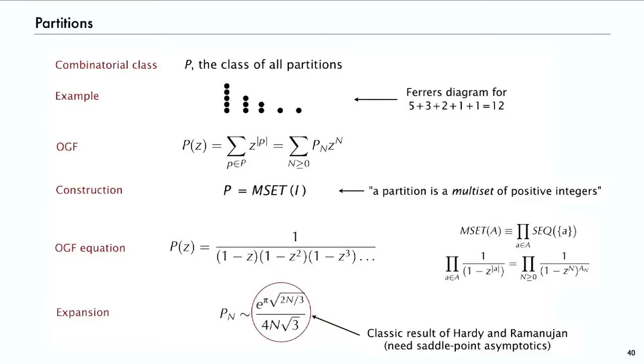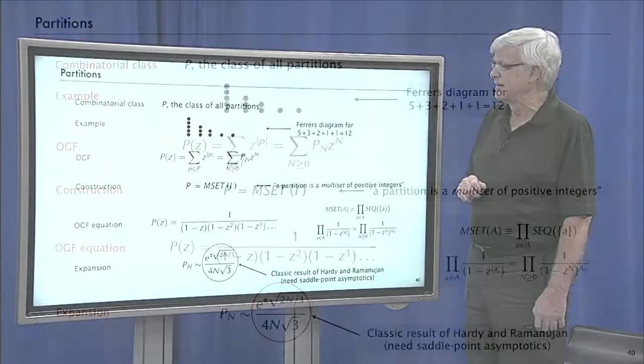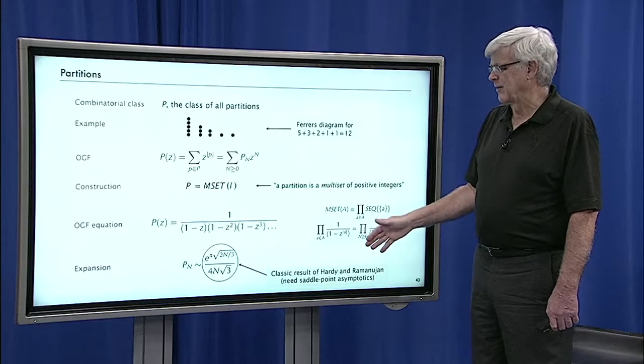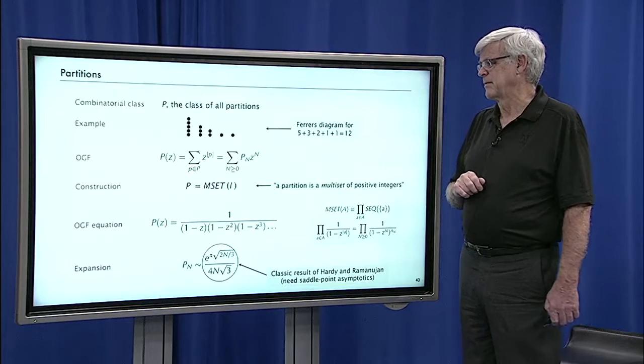And to find z to the n of that, again, is quite a challenge. It goes back to Hardy and Ramanujan, and it's asymptotic to e to the pi square root of 2n over 3, over 4n square root of 3. And we'll later on touch on that.